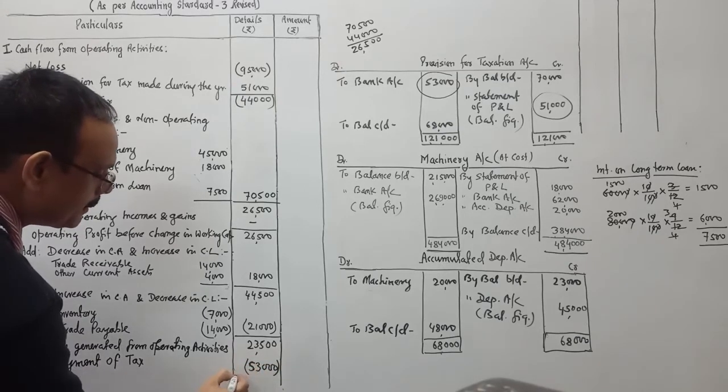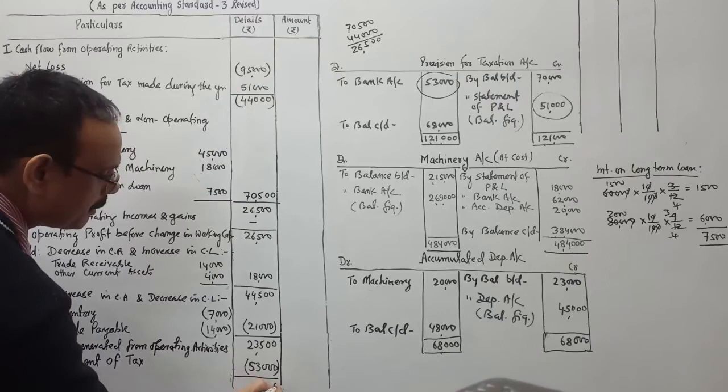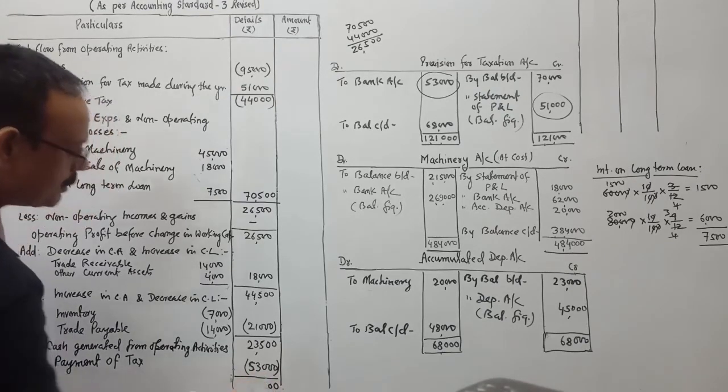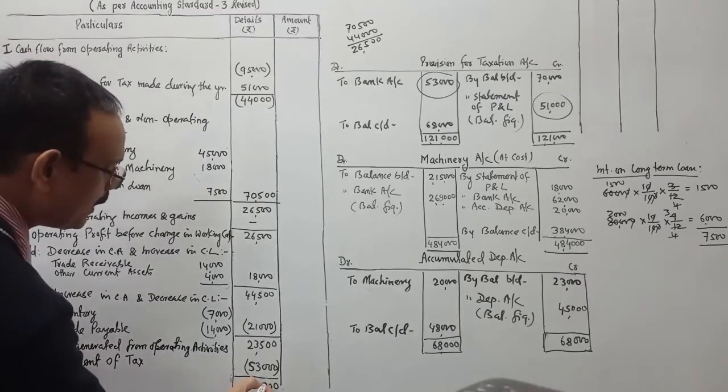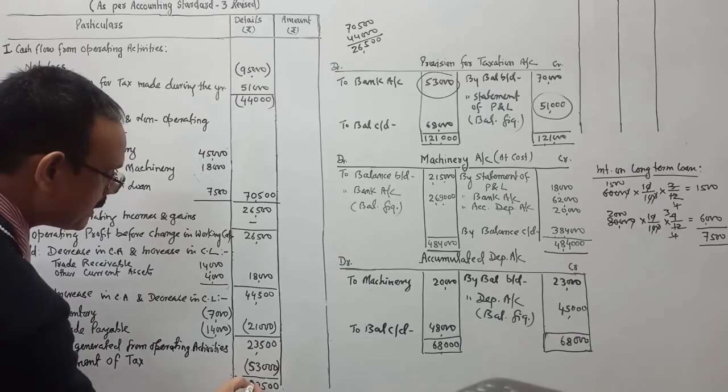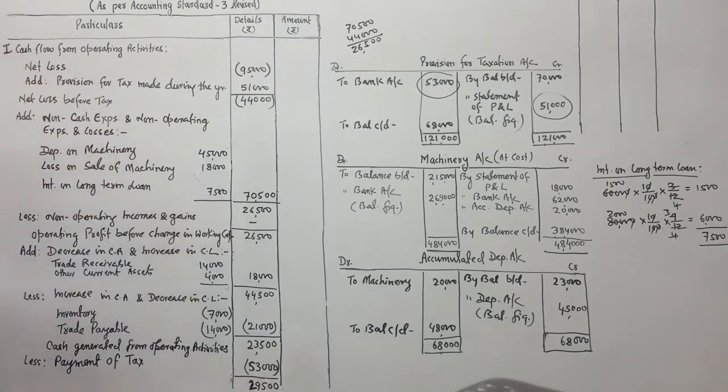So the rest amount is 29,500. This is your cash flow from operating activities.